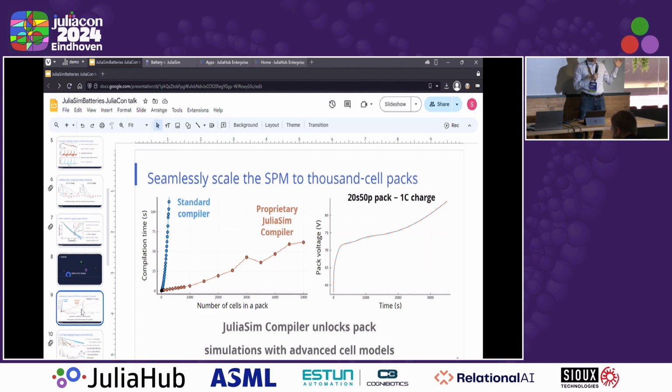In the previous talk, it was mentioned that you have very complex equations, and you end up after simplification with a few of them. Here, it's the case where we have a very large number of equations, and with JuliaSim compiler, we are able to take advantage of the repeated structure. So one of the optimizations that enables this scaling is that we are taking advantage of repeated components.